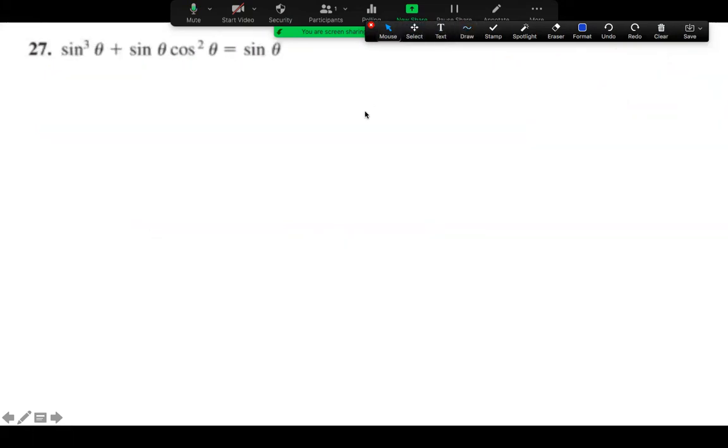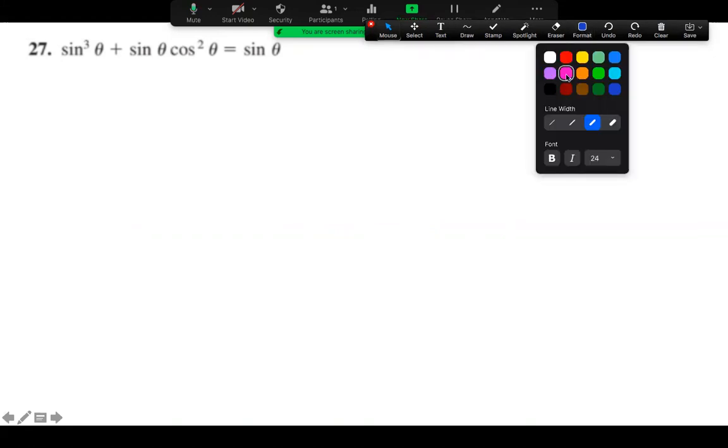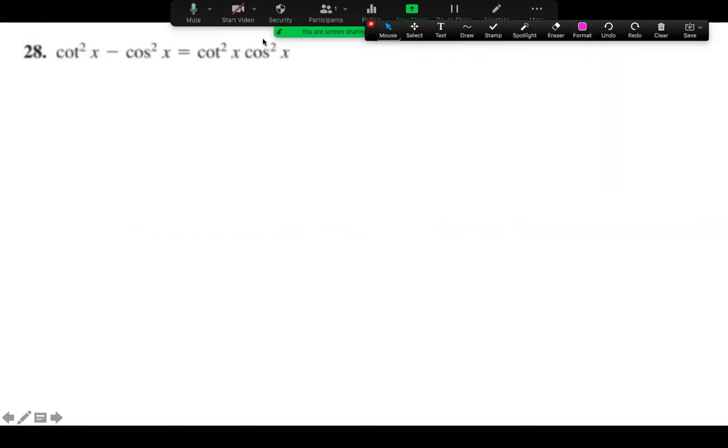Okay, number 27, we have sine cubed theta plus sine theta cosine squared theta, and that equals just plain sine theta. In the end, we want the left side to just look like this.